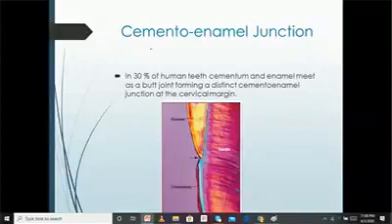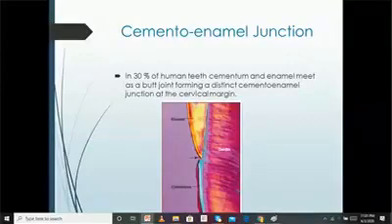This junction is forming at the neck of the tooth where the crown meets the root, where the enamel from the crown is tapering at the cervical margin, and the cementum from the root is also tapering at the cervical margin. So this cemento-enamel junction is present around the neck of the tooth where the crown meets the root.